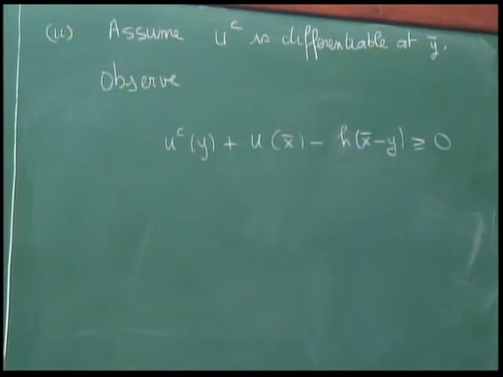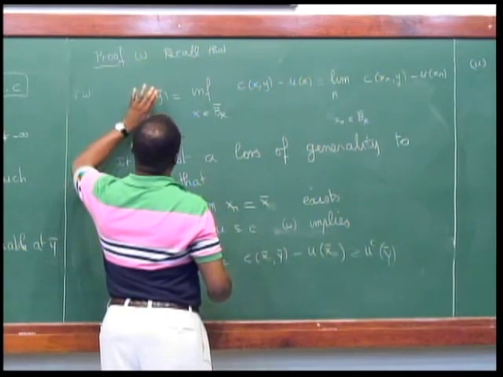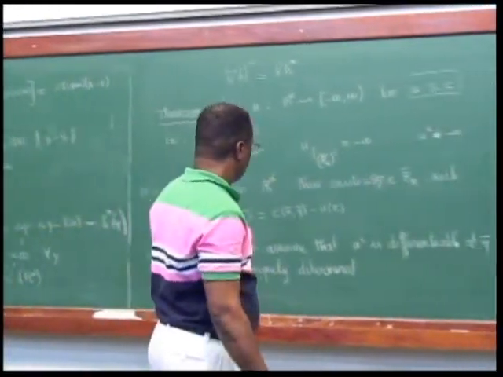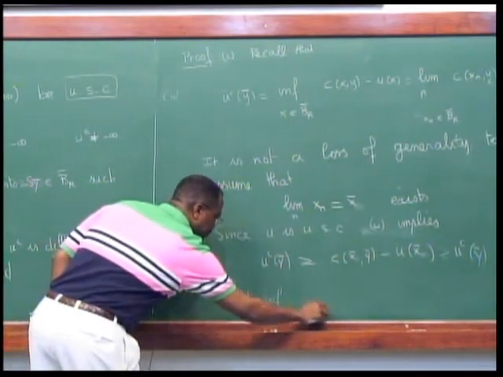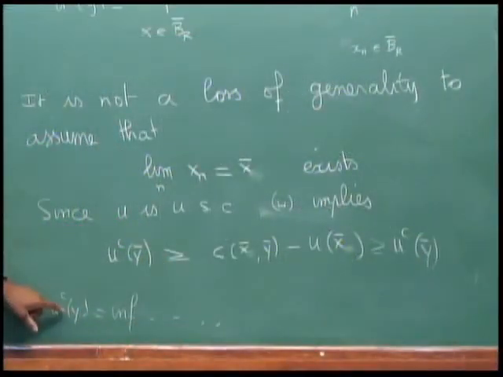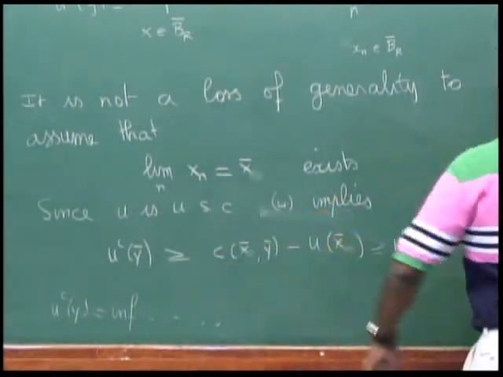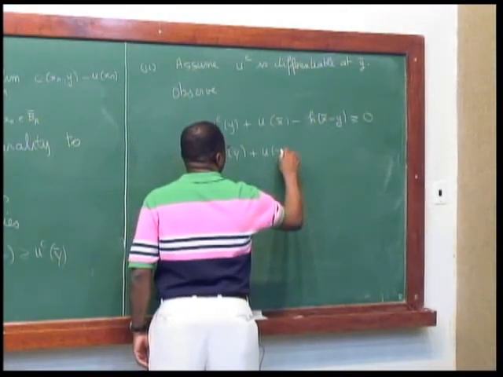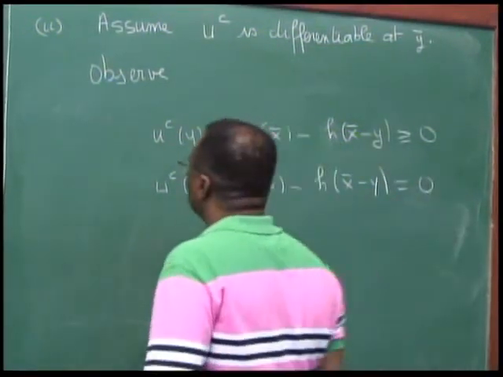I am just expressing the condition that, since UC of Y is the infimum, then UC of Y is always smaller than what is on the right-hand side. But this tells me that UC of Y bar plus U of S bar minus H of S bar minus Y bar equal to 0.